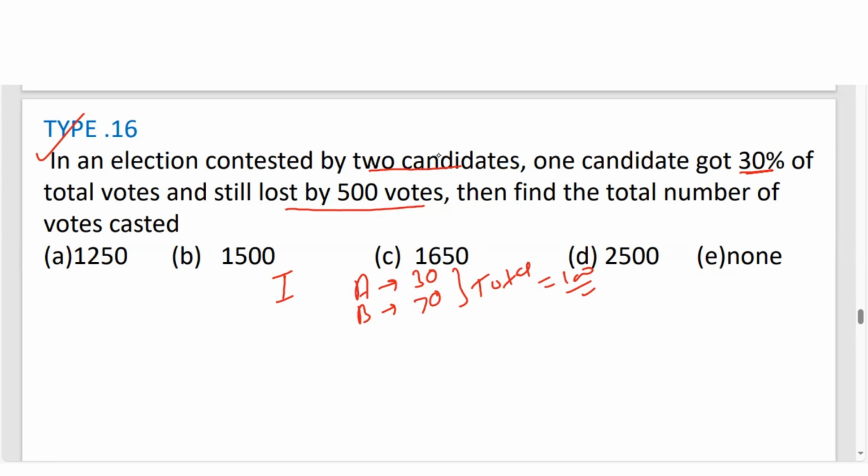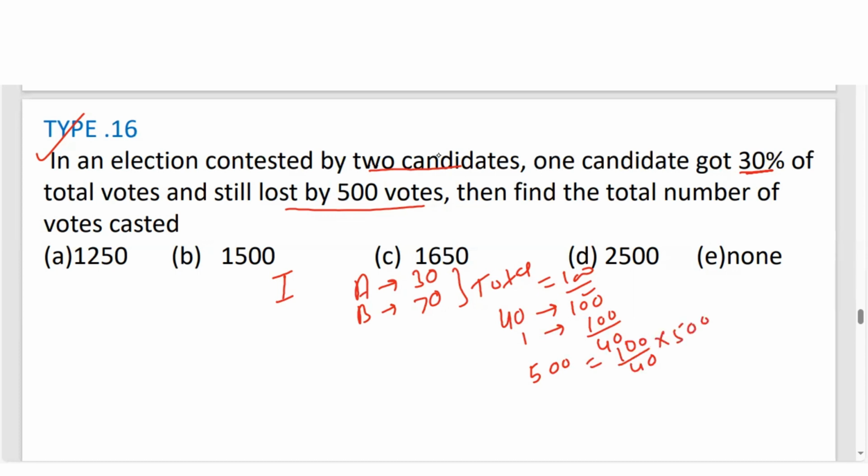So when the difference is 40, the total votes is 100. When the difference is 1, then the total vote will be 100 by 40. When the total difference given in the question is 500, you will get 100 by 40 into 500.